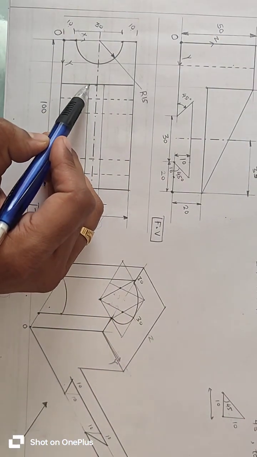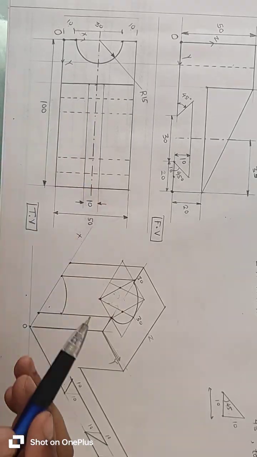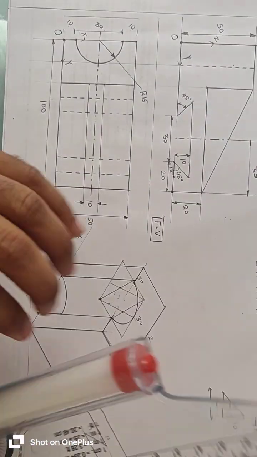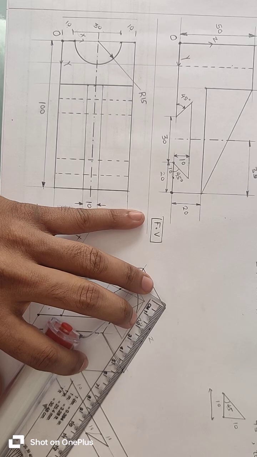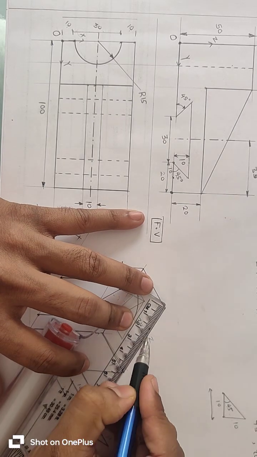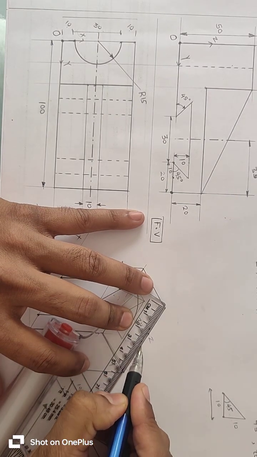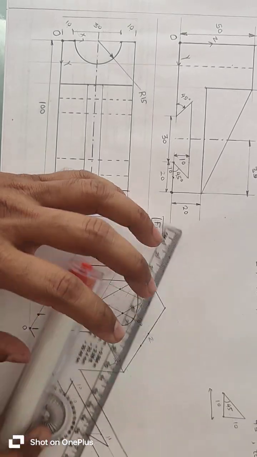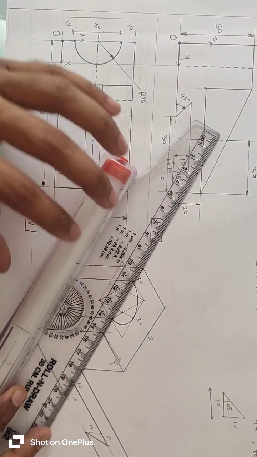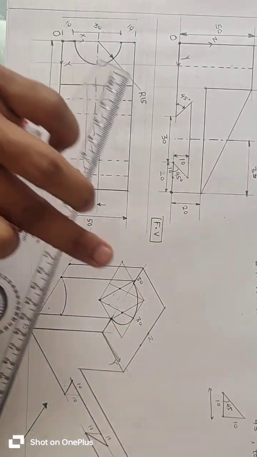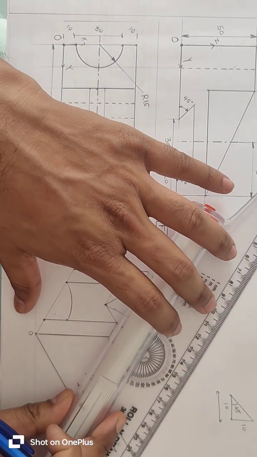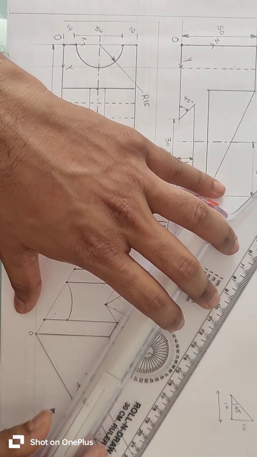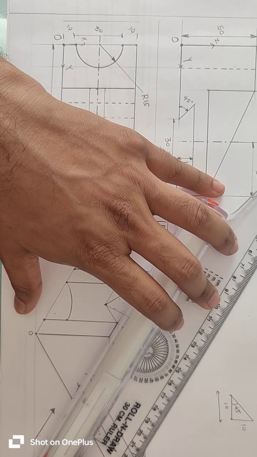Take 5 mm distance on both sides, so it has a width of 10 mm. Then this side is 50 mm and parallel to the x-axis, so from this point draw 50 mm parallel to the x-axis.